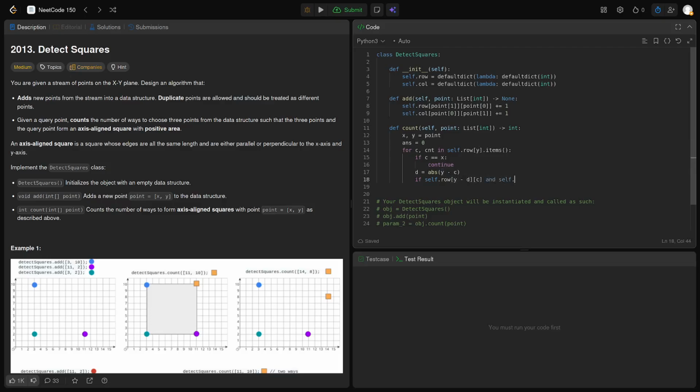And self row y minus d x, then ans plus equals, and then we have to take the minimum of these, because if I have 10 here and 10 here and 2 here, then we can still make just 2.